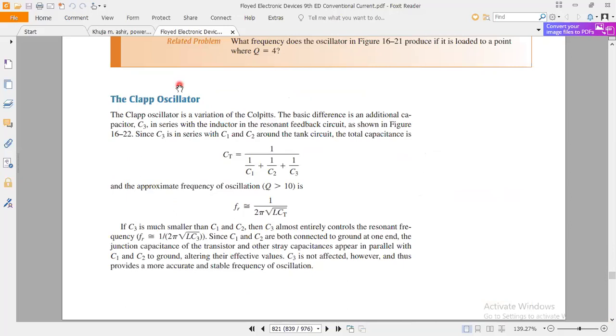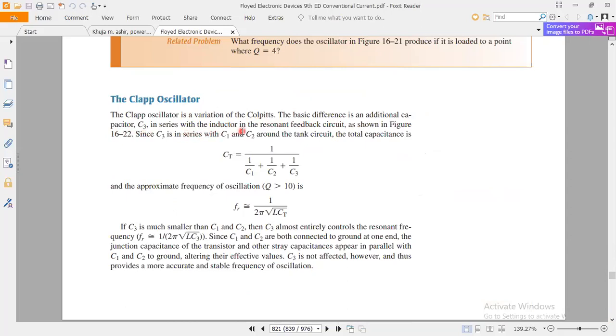The Clapp oscillator is a variation of the Colpitts. The basic difference is an additional capacitor C3. We use an additional capacitor, C3, in series with the inductor.